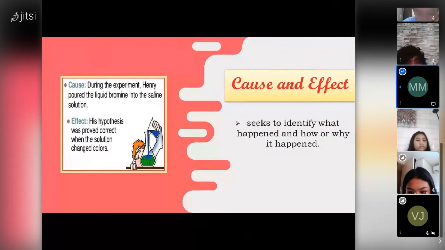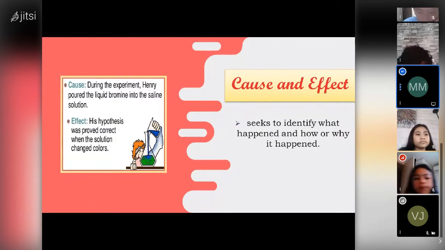So another example. I want to hear the answer of Athea. David shouted at Ben.